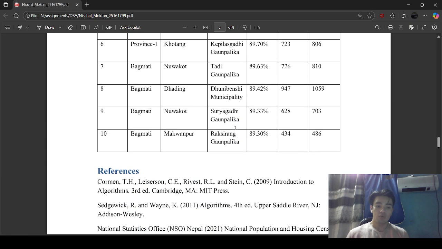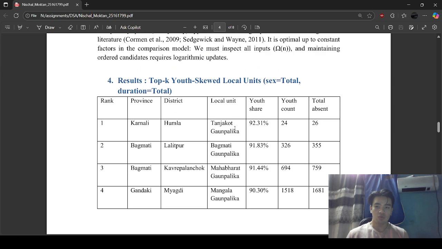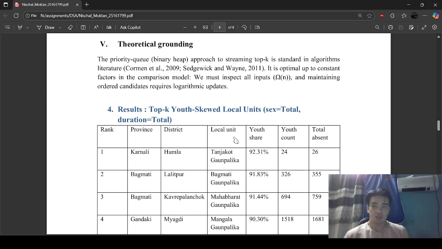So you may think, if both algorithms are acceptable, what is the condition for each? As I said earlier, algorithm B, the streaming min heap, is best when k is less than n, or when memory is tight. That is the reason why I chose it.